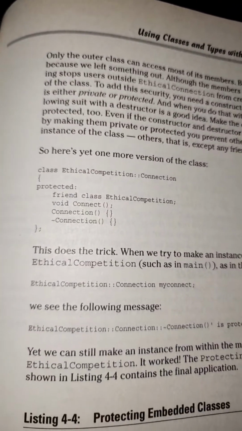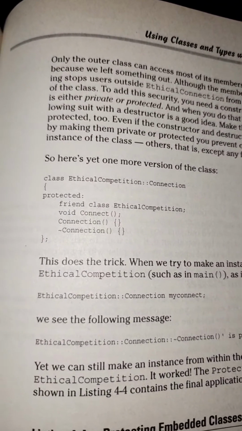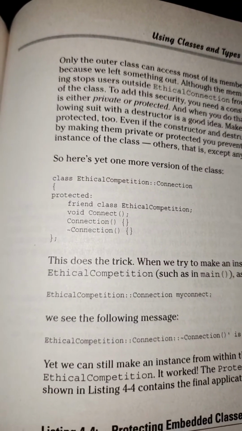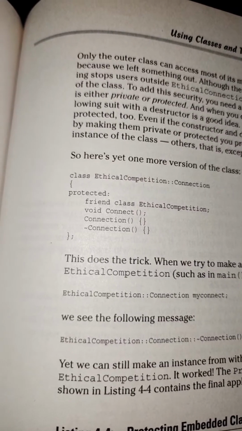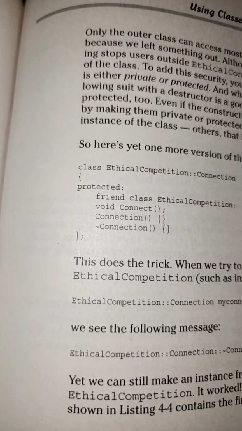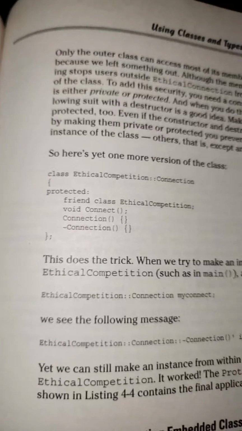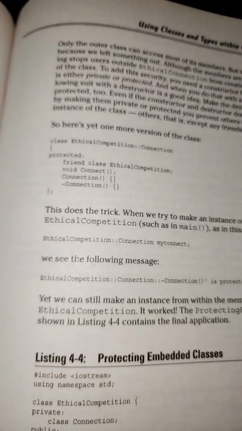Class EthicalCompetition::Connection, protected, friend class EthicalCompetition, void connect, Connection, tilde Connection. This does the trick.